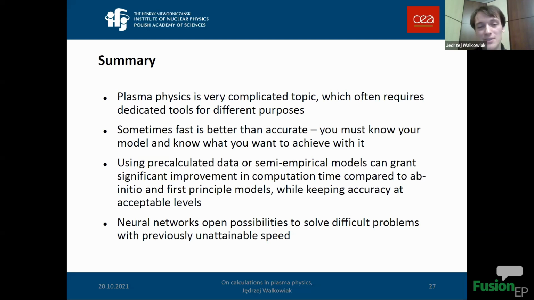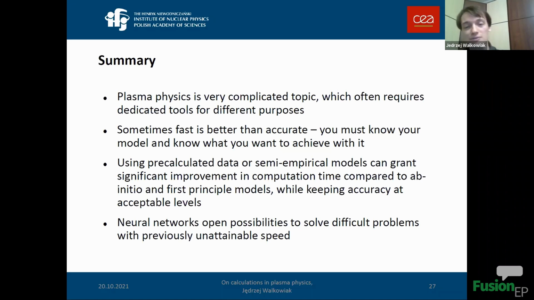But sometimes it's better to give up some accuracy of your model to make it faster, because apart from the fact that it is usually more useful if you can make the simulation in a shorter time, it is also good because you can, for example, use it in an iterative approach, or you can use more models at the same time, which will reflect more phenomena in plasma and give you a more accurate result than just tuning up some basic first principle model.